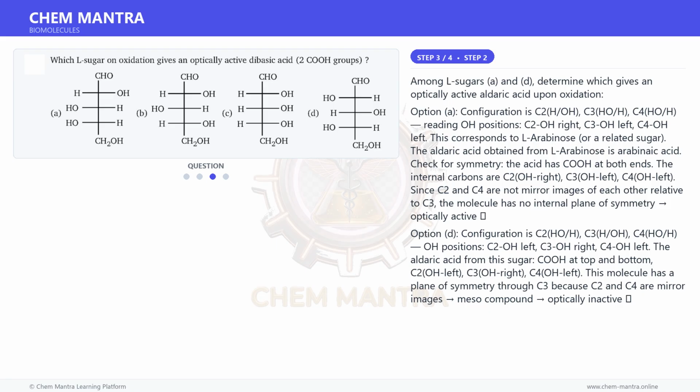The aldaric acid from this sugar, COOH at top and bottom, has C2 OH left, C3 OH right, C4 OH left. This molecule has a plane of symmetry through C3 because C2 and C4 are mirror images: a meso compound, optically inactive.